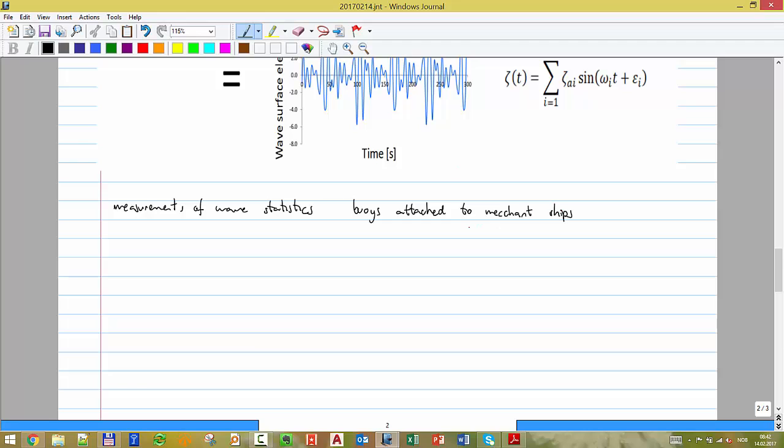And if you already have an offshore structure in the area, you can just attach it to the existing offshore structures.